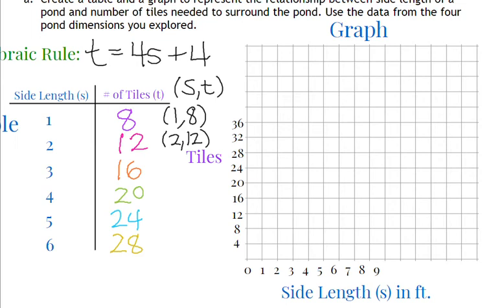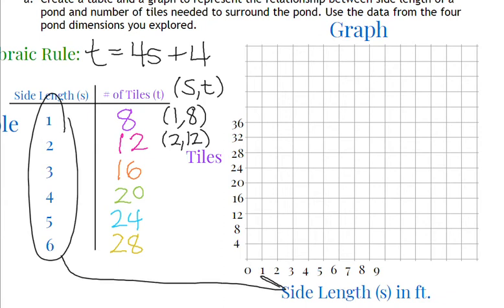So I've set up this graph for you where you've got the side length in feet across the bottom, which is where we're going to put these numbers. And then our number of tiles goes up the side, so we're going to plot our number of tiles on our y-axis here. So the first coordinate I'm going to plot is going to be that 1 comma 8.